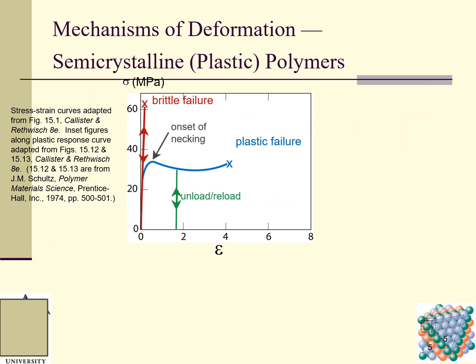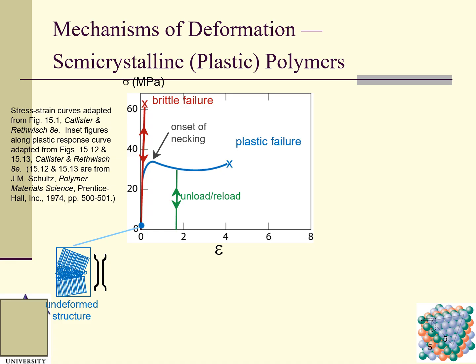And then we talk about semi-crystalline polymers. This is the semi-crystalline polymer. This is still the brittle failure, and here is the plastic failure. Here is the undeformed semi-crystalline structure. Semi-crystalline means that some parts are crystalline, some parts are amorphous.